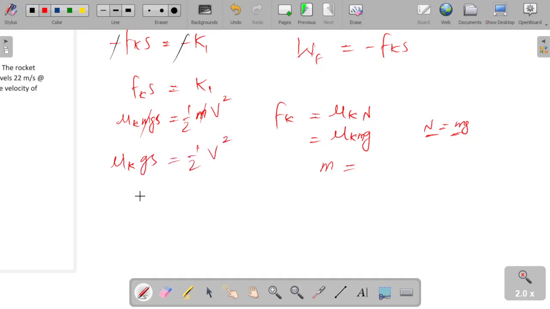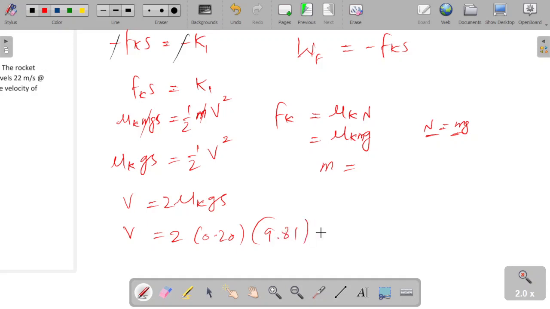So v square will be equal to, from this equation we can write directly, taking the square root also, that v will be equal to the square root of 2 mu k g s. By putting all the values in this equation, mu k was 0.20, and the value of g is 9.81.